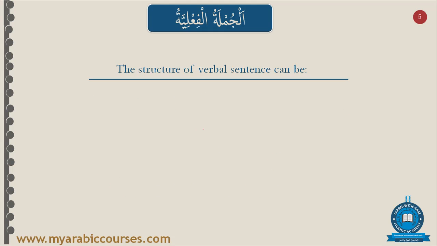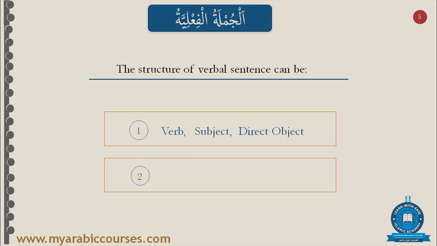Now let's look at the structure of verbal sentence. So a verbal sentence can start with normally the verb followed by the subject, that is the doer, the person doing the action. Then on what are you doing the action, that is the direct object without a preposition.